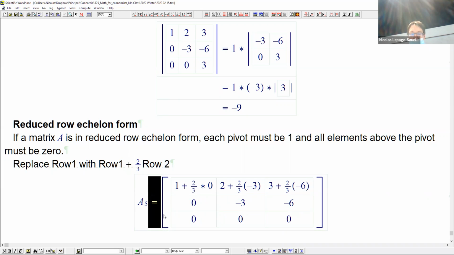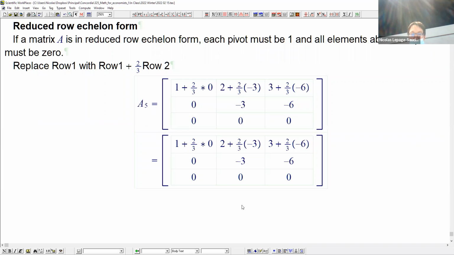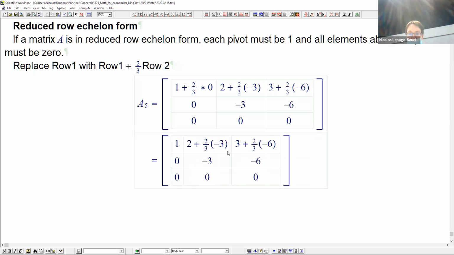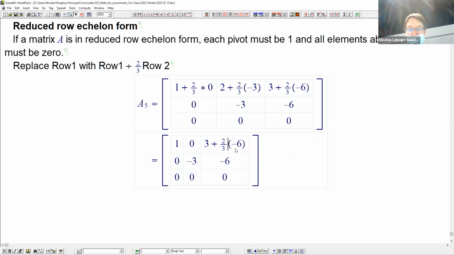So then I get this. So this is still 1. And this is 2 minus 2, 0, as I wanted. This is 6 times 2, 12.